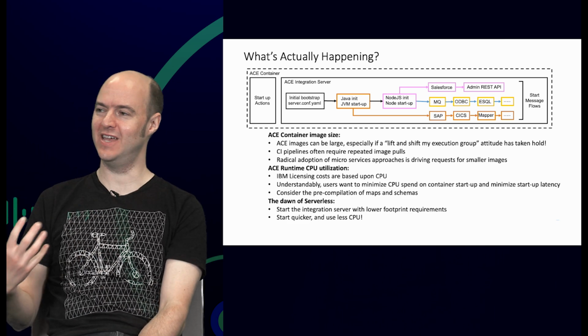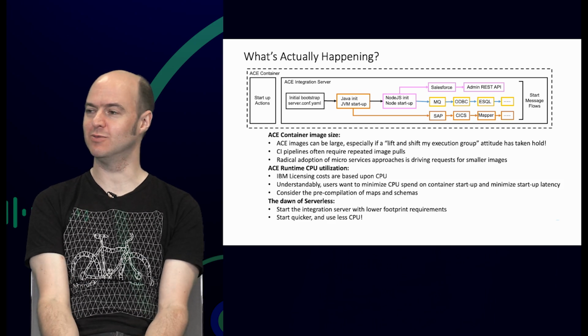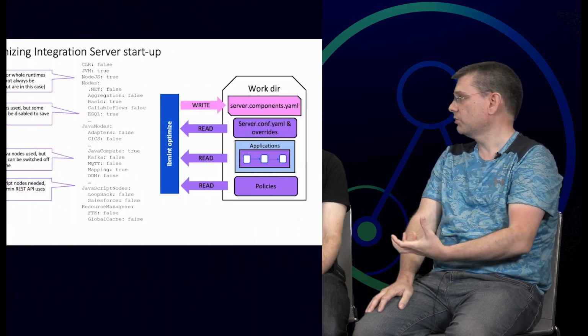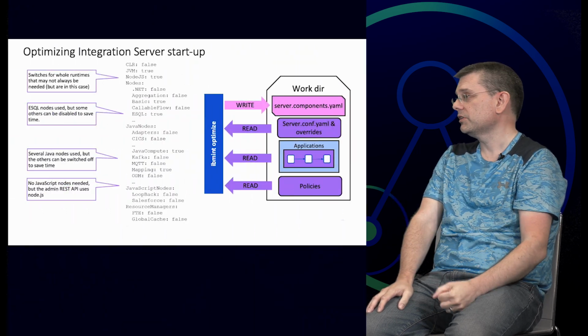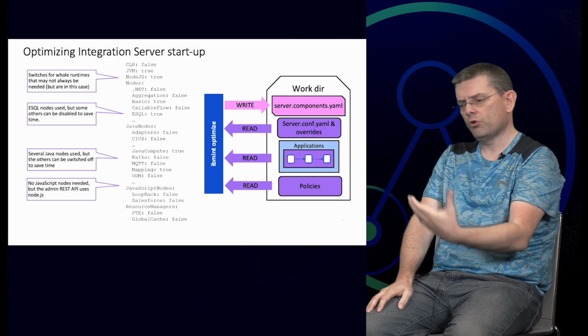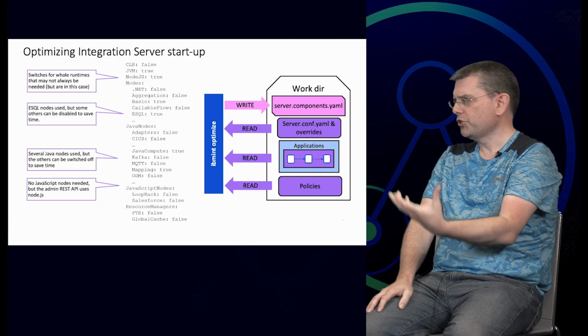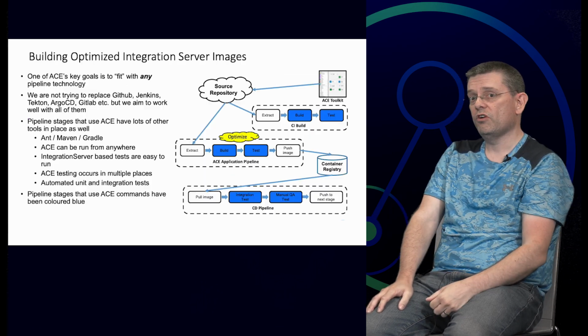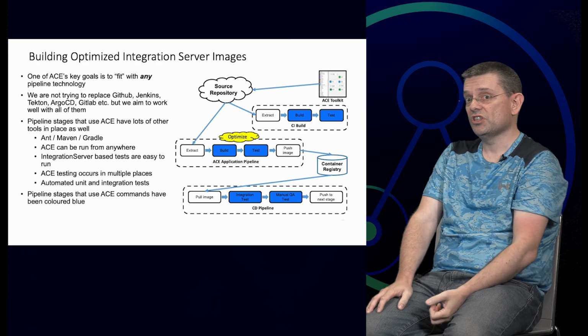There's a familiar theme about a lot of these new enhancements we brought out in the last 6 years. And without wishing to oversell it too much, we have found that there are situations where it can dramatically reduce the amount of CPU that's needed in order to get your container starting, and starting very rapidly as well. So if you've done all the right steps, if you've pre-compiled particular artifacts into your bar file, you can actually get integration server startup.